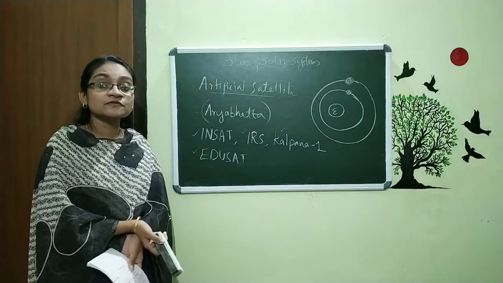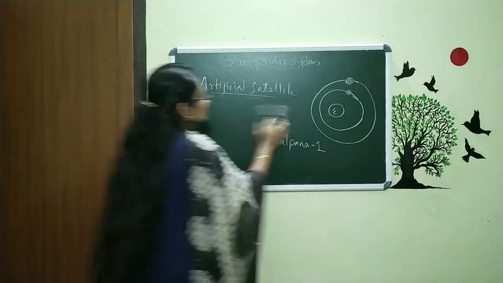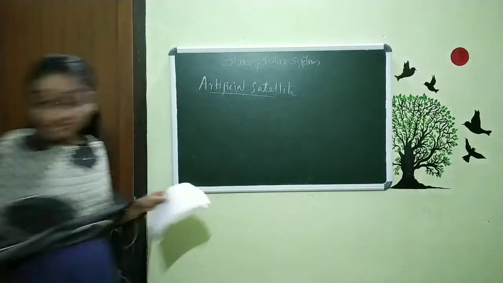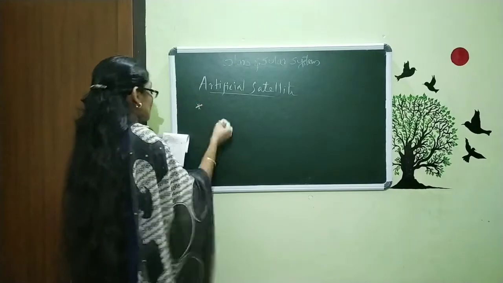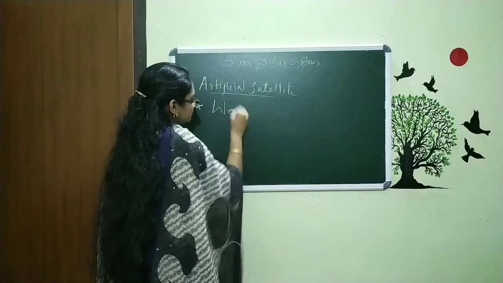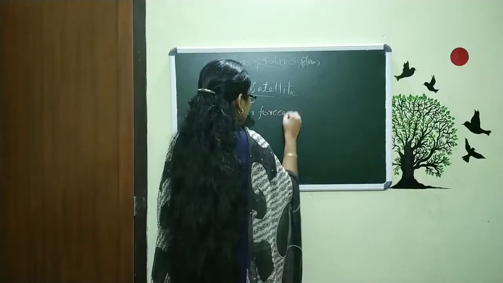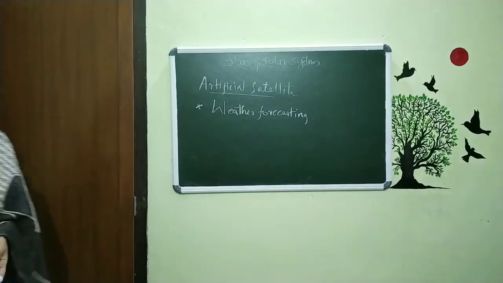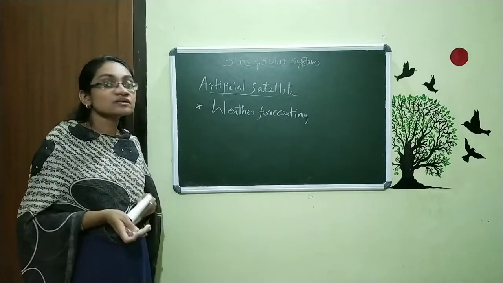The next is, why are we launching these artificial satellites? What is the purpose of this? The purposes are very simple. The first one is weather forecasting. That means nowadays we are able to identify that a storm is coming or a tsunami is coming.